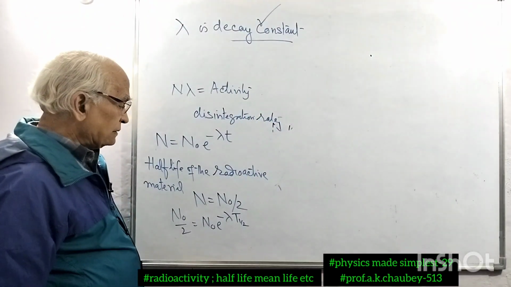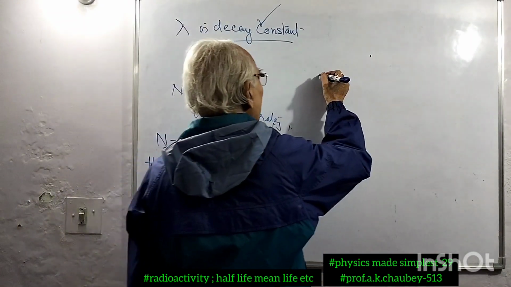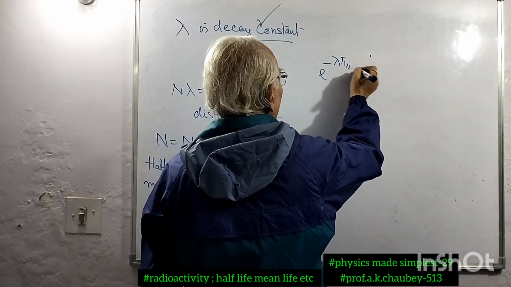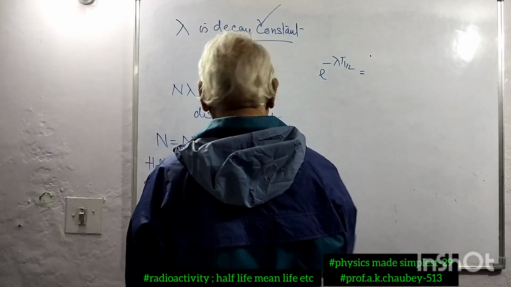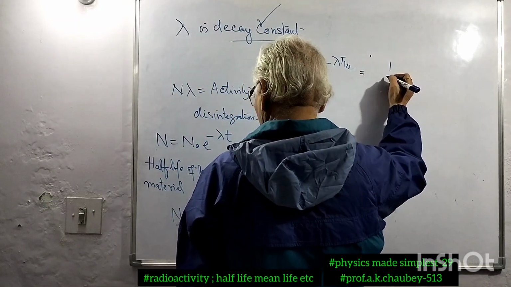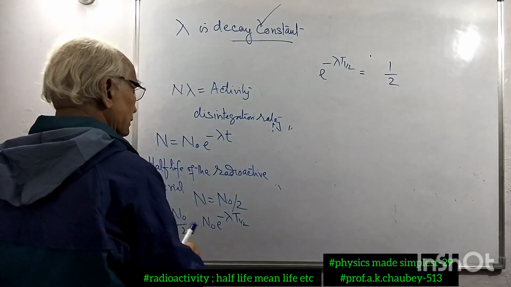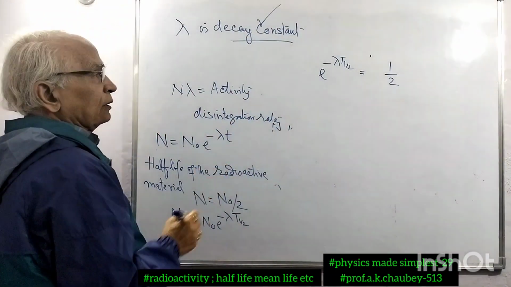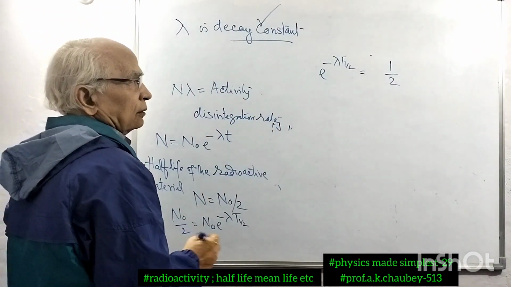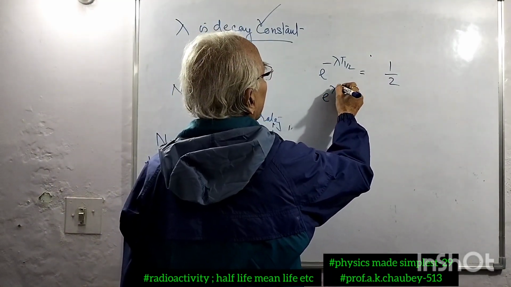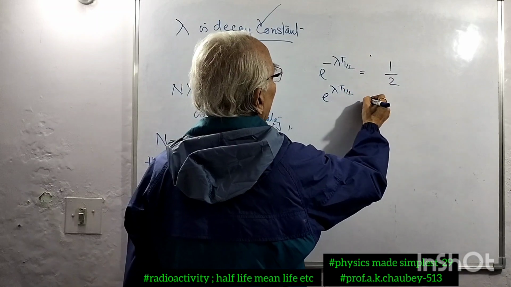N naught cancels, so you have e to the power minus lambda T half is equal to 1 by 2. Or e to the power lambda T half is equal to 2.